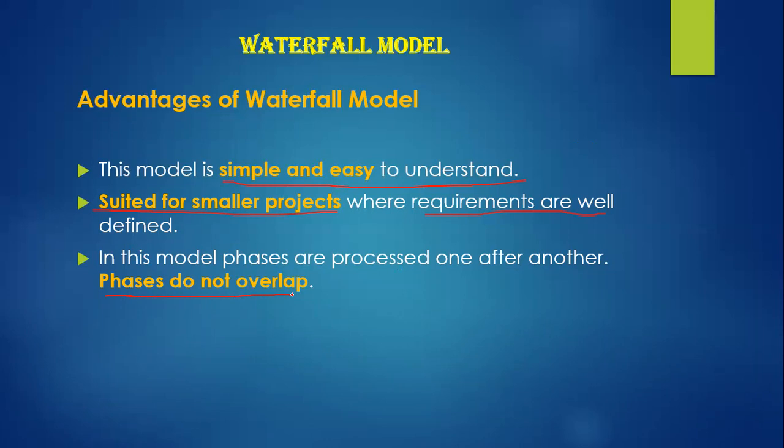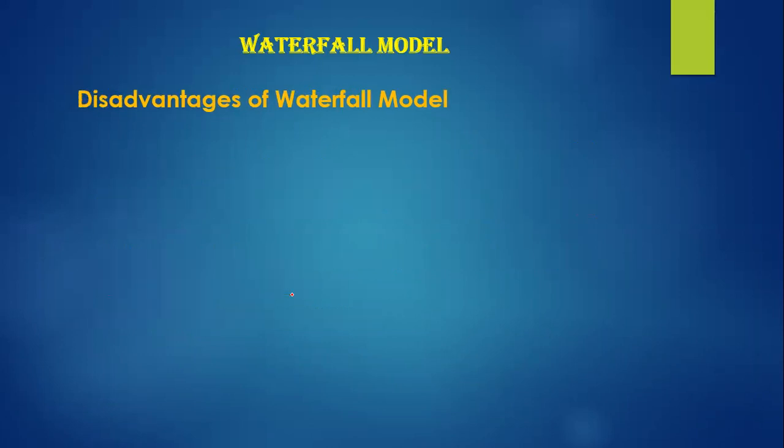That is nothing but processing one after another in a linear manner. And this process model is very cost effective. When you choose to build the product using this process model, we can reduce so much cost. That's why we can say it is a cost effective process model.